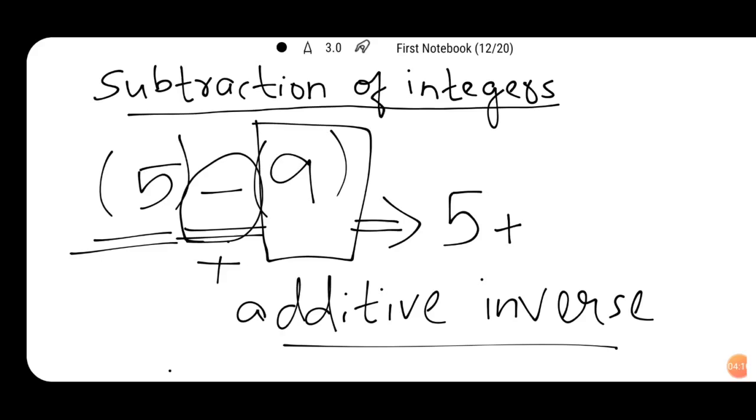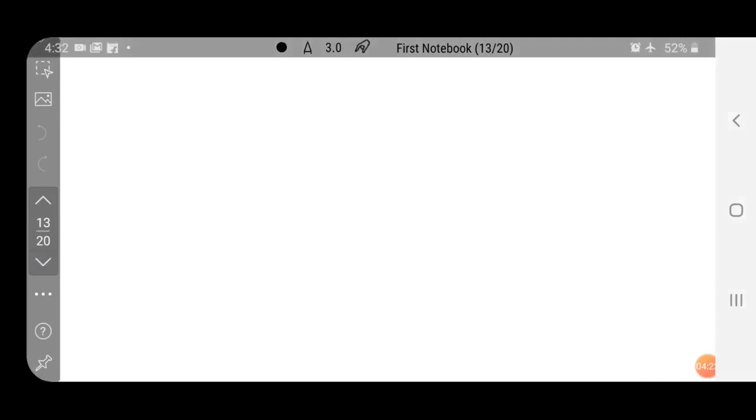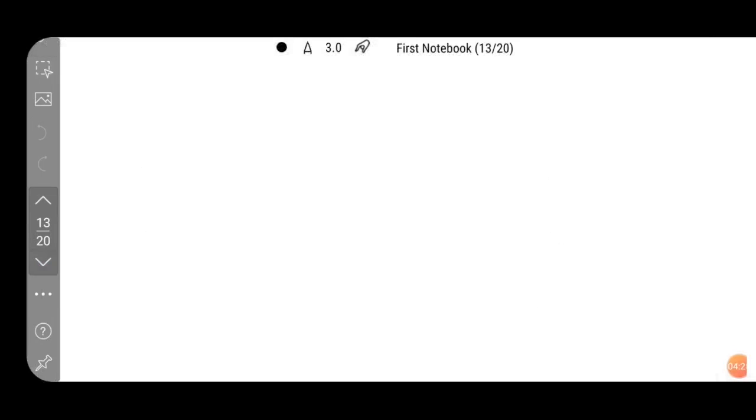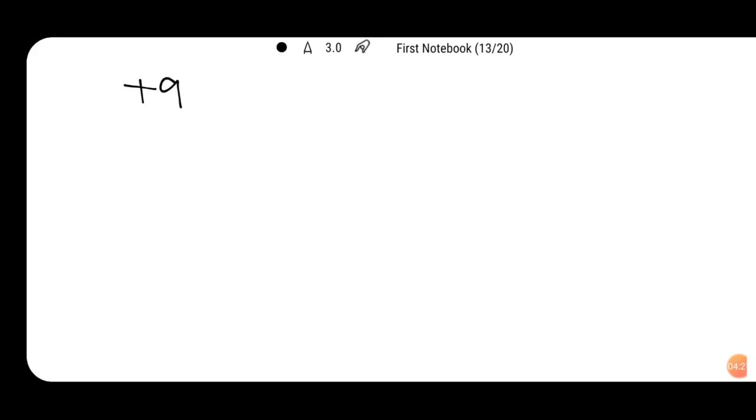Our second number here is 9. That is positive 9. And the additive inverse is negative 9. Okay. So what is meant by additive inverse? Additive inverse of a positive number is the negative of that number. That means the additive inverse of positive 9 is negative 9.